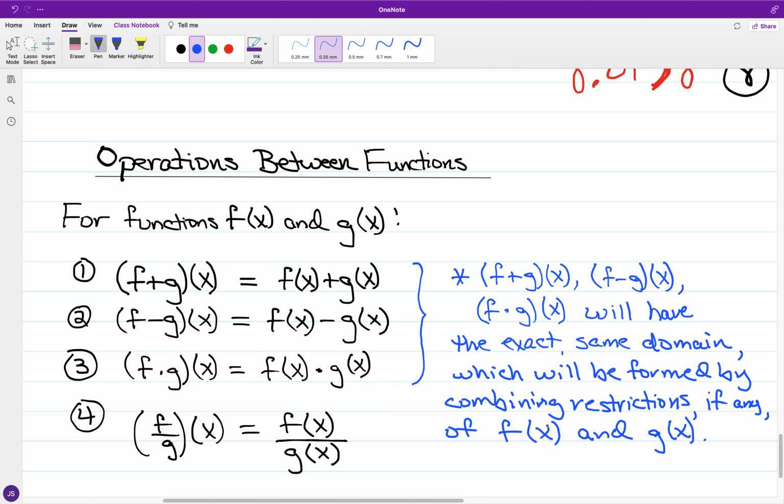But now, for what we have in the case of the quotient function, for f over g of x, not that it will, but it can possibly have a different domain.